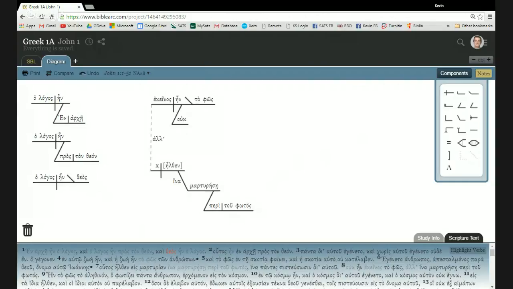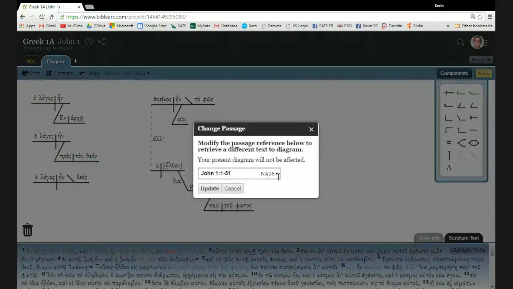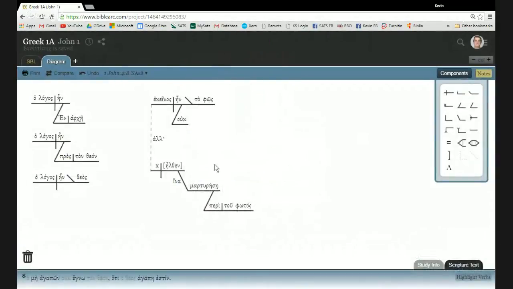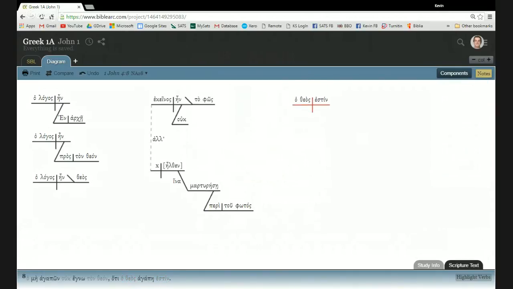Okay, let's go to one or two other famous ones. I'm just going to jump ahead to 1 John 4 verse 8, I think it is. All right, so here's another famous one. Ho theos agapē estin. So the subject, ho theos, estin is our verb. So God is.